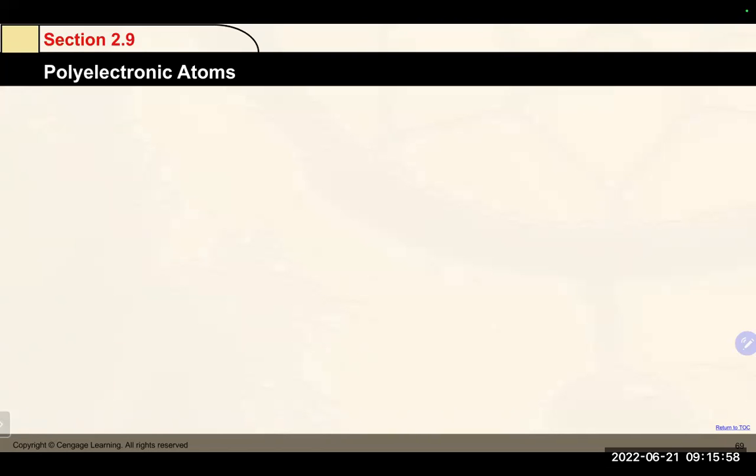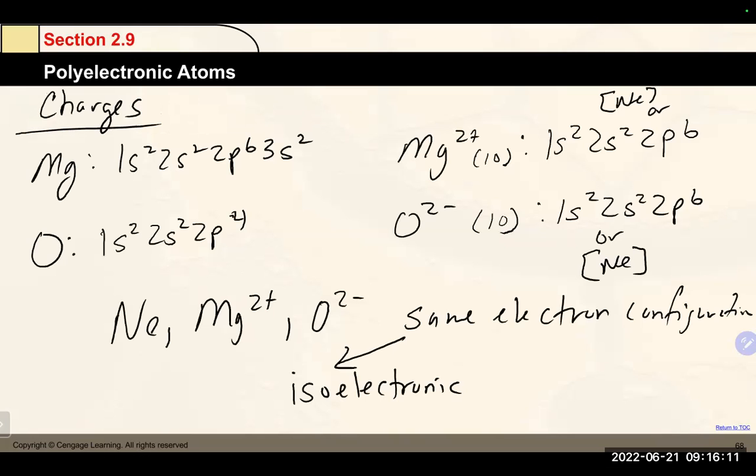Transition metals, when they lose electrons, are a little bit different in terms of what happens. When atoms lose electrons, they typically lose the highest energy electrons first, and those are referred to as valence electrons. So valence electrons are the highest energy level electrons.